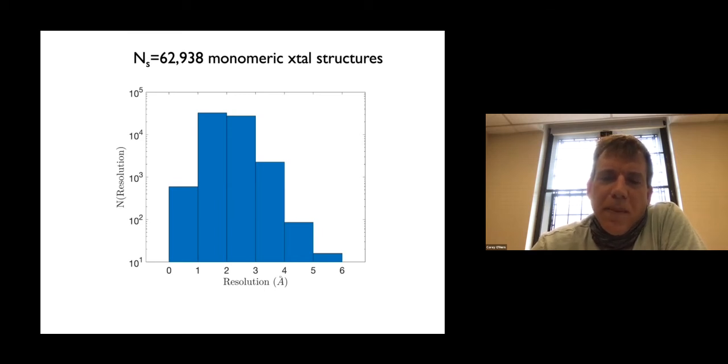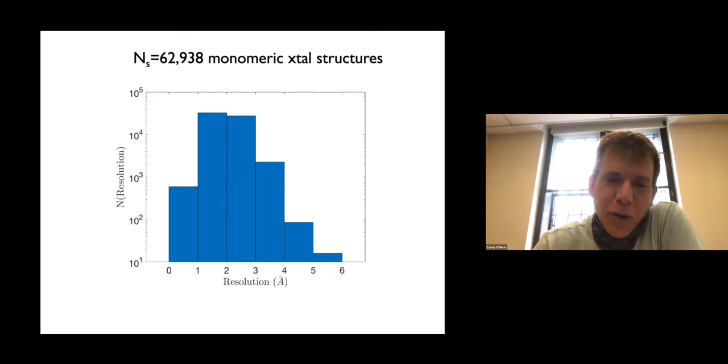We have intuition that it's not 5 angstroms, but we don't have good evidence that we need to know everything to 1 angstrom and below to know whether it's going to bind or perform a particular function well.